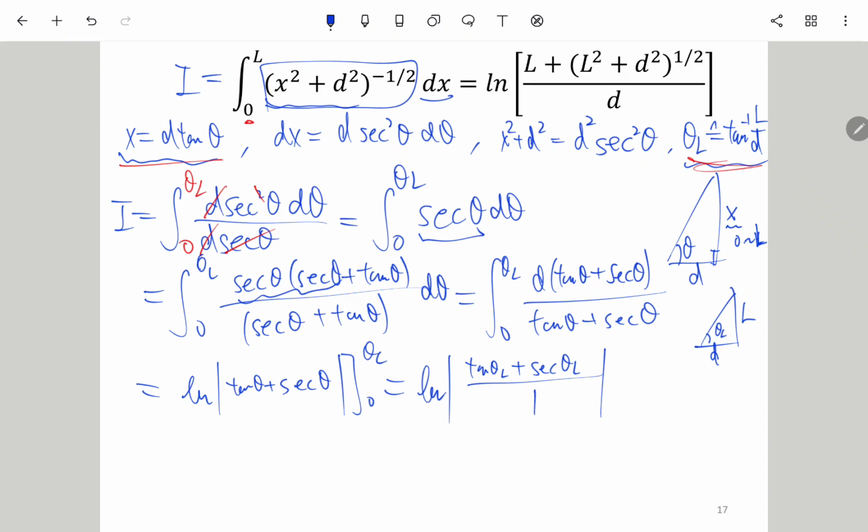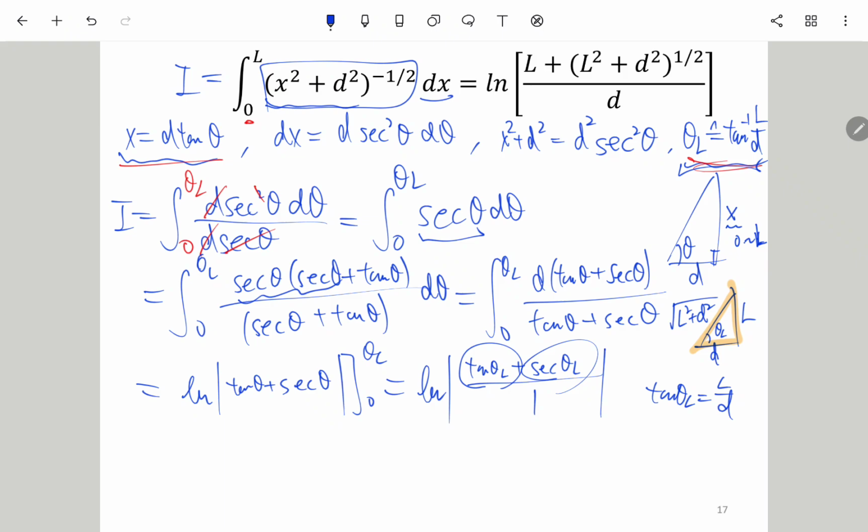In such a way, we need to transfer it back to the original variables. For the tangent theta L, it is nothing but L over D, according to this right angle triangle. Tangent theta L is L over D, and then secant theta L will be the square root of L squared plus D squared.